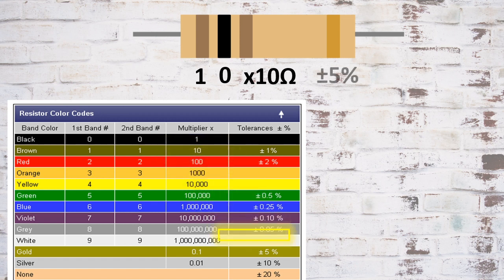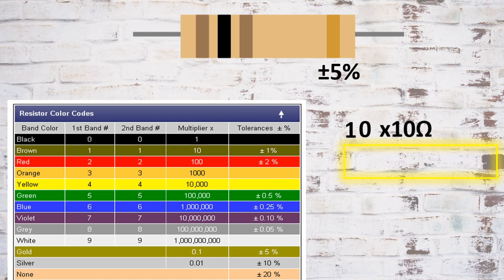And then finally, the fourth band is gold, giving us the tolerance, the value of positive and negative 5%. When we combine numbers, we get 10 times 10 ohms. That gives us 100 ohms with the tolerance positive negative 5%.